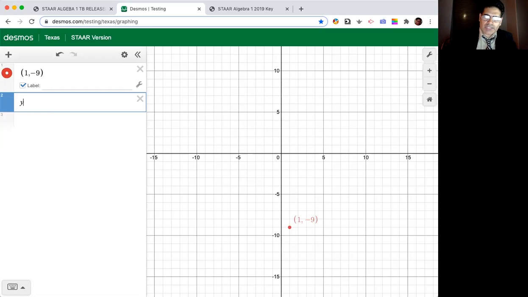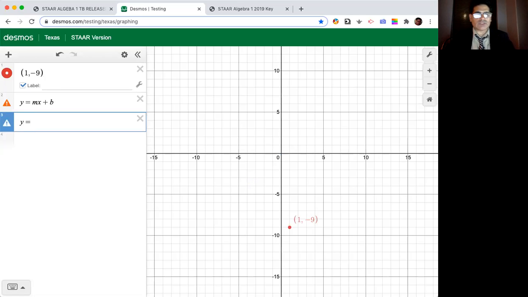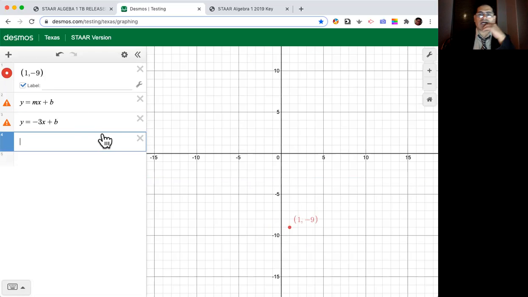So y equals mx plus b. So y equals -3x plus b. There are no sliders.